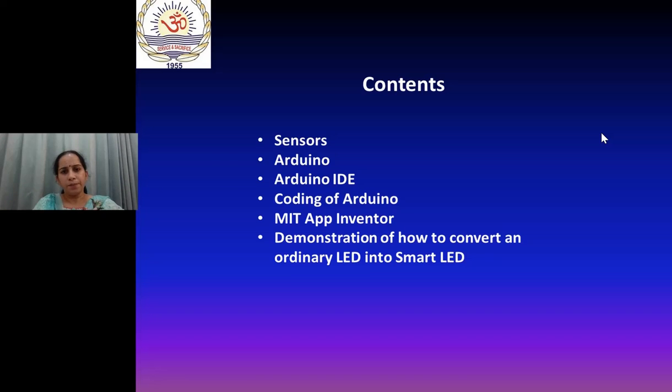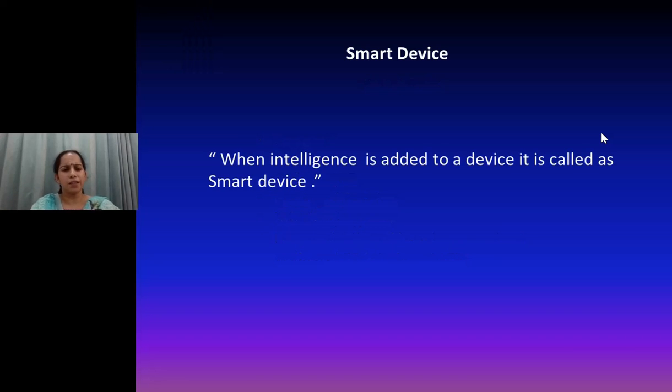To start with, what exactly is a smart device? When intelligence is added to a device, that is called a smart device. Intelligence is its ability to reason, ability to have different courses of action, right?